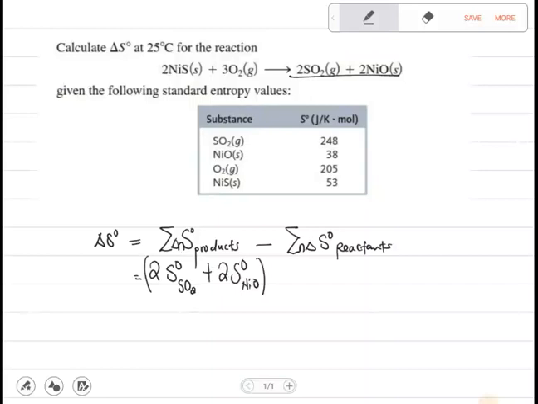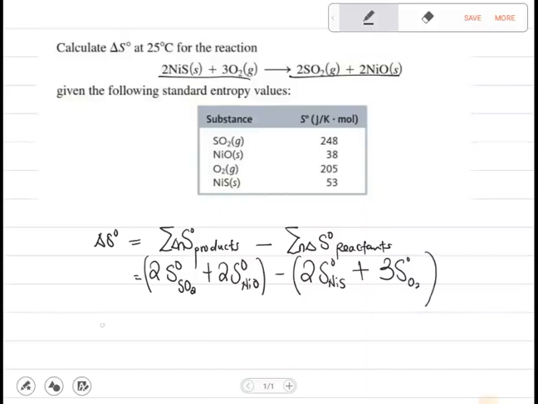Like that. Minus, how many moles now on the reactant side? We have 2 moles, and the entropy for nickel sulfide, plus 3 moles, and the entropy for oxygen.